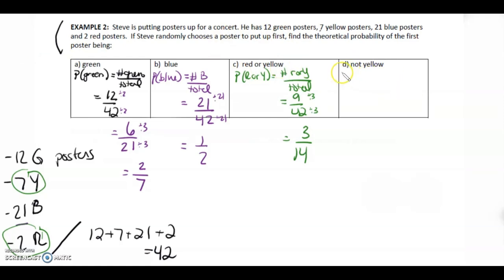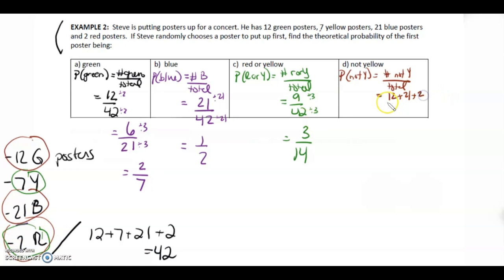Okay, and the probability of not yellow. The number of not yellows over the total. So the probability of not yellow is going to be, so not yellow would be 12, and we can add these, 21, which is blue, and then 2 are red.